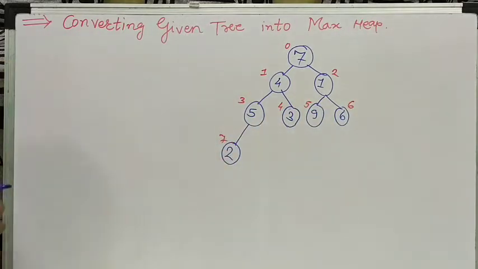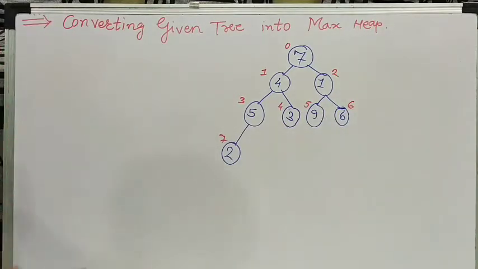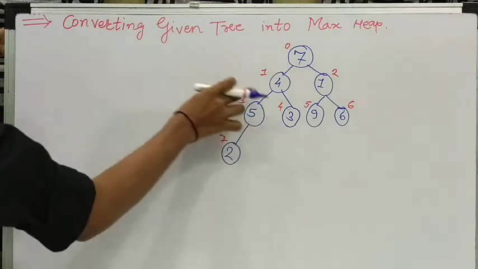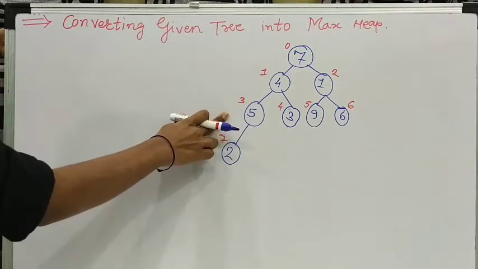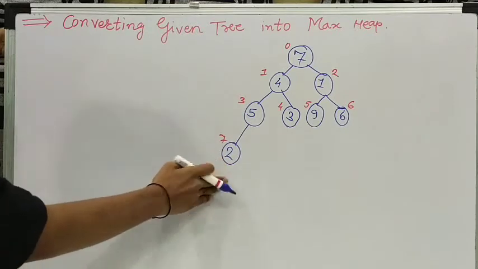In short I will explain what is meant by complete binary tree and almost complete binary tree. In an almost complete binary tree and in a complete binary tree, we should add the elements level wise. The level should be completed and then only we can go to the next level.